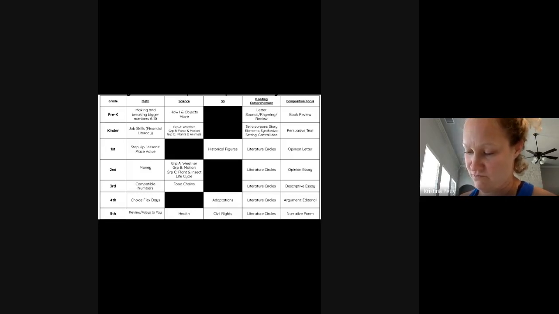And then the next TEK for the next day is list simple skills required for that job. So in that opinion article, they would have to say why this is the best job. First, what ways to earn income and the job that they pick, and then reasons why that's the best job. It goes with that TEK for the next lesson, 16.2, list simple skills required for that job. So when they say why it's the best job, they're going to be putting in the skills that they need. Mm-hmm.